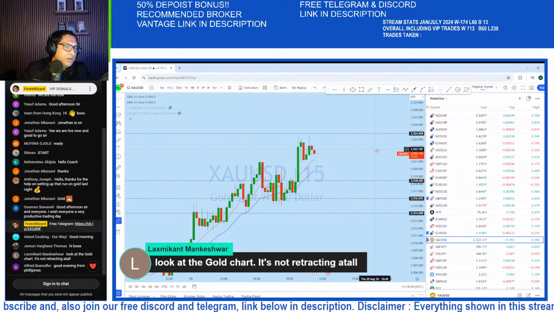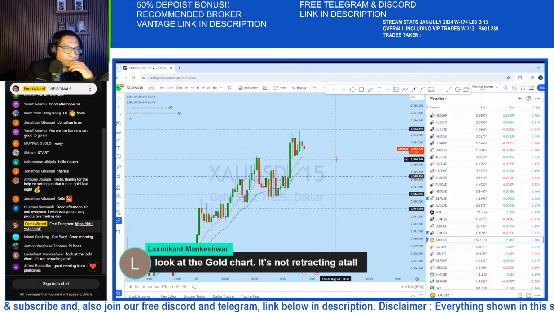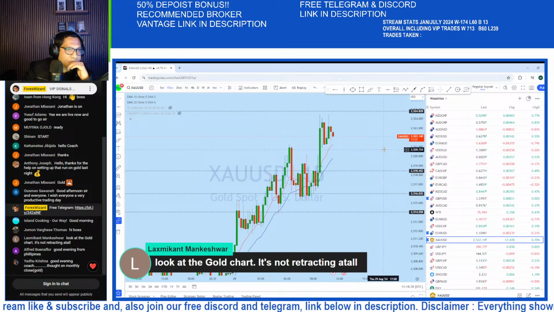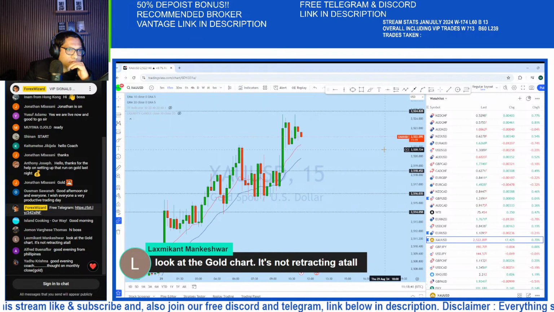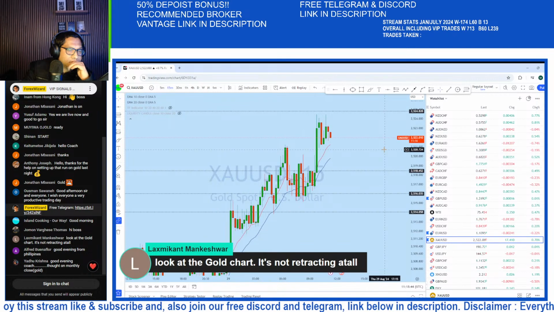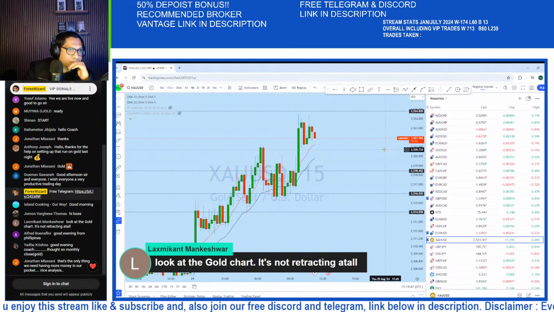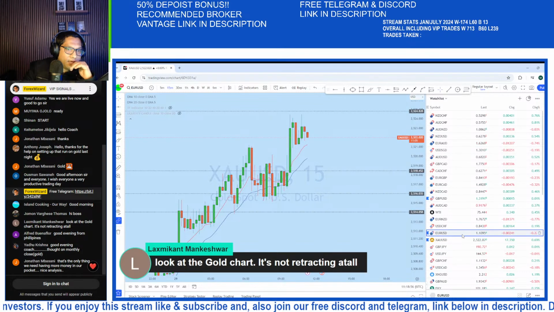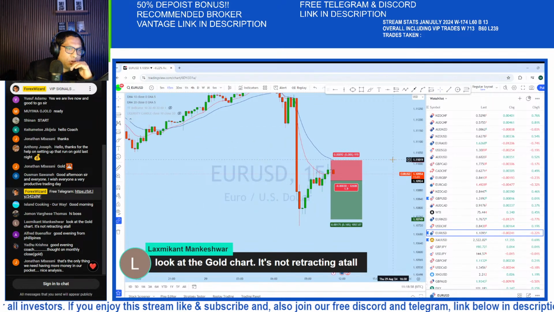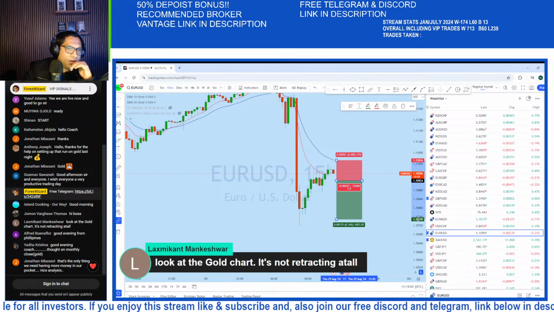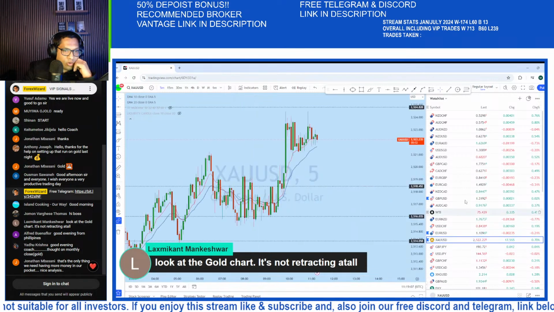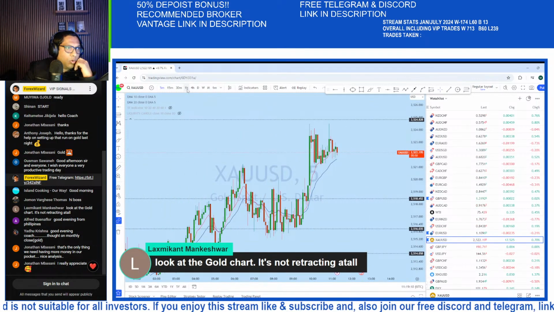So we are expecting that on gold, waiting for a deeper pullback, while we can see that euro dollar is also coming for another potential drop. We might see a drop on euro dollar as well, along with the gold.